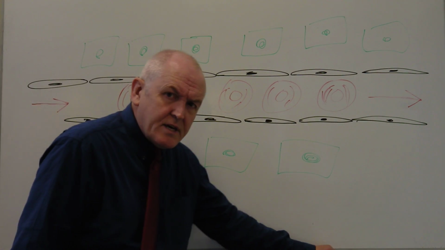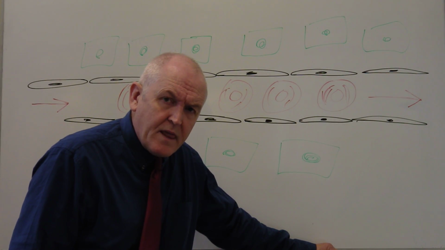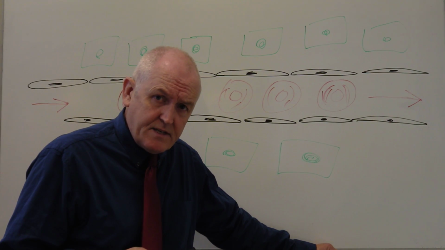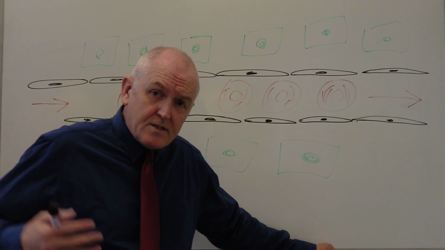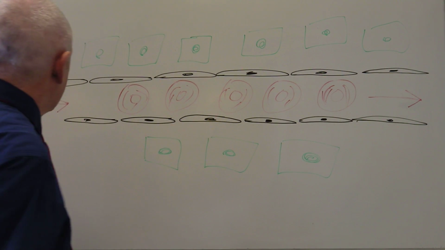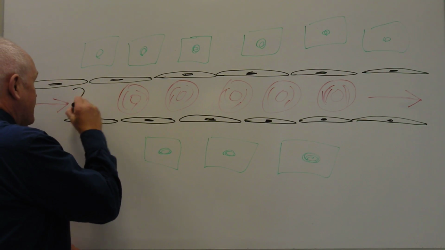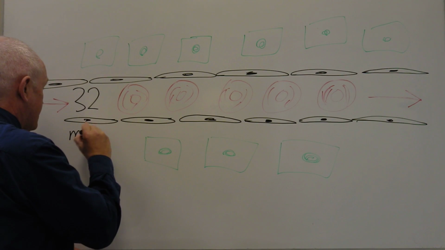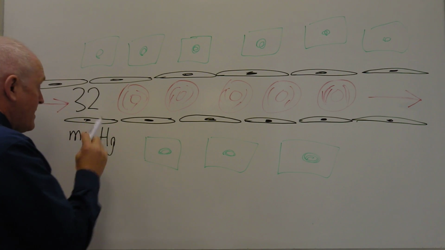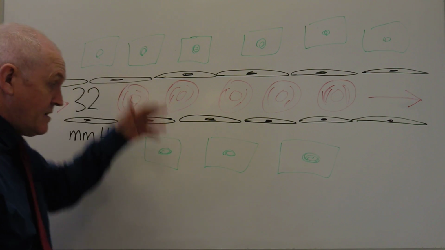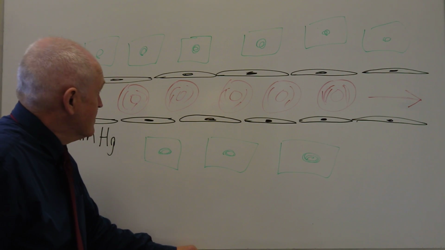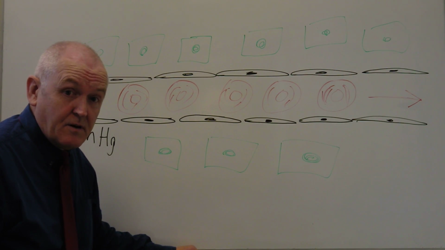And of course, the pressure in the arterial system is higher than the pressure in the venous system. So at the arterial end of the capillary, we might get a blood pressure of something like 32 millimeters of mercury, because this blood has just been fed in by the arterial system, via the arteriole.